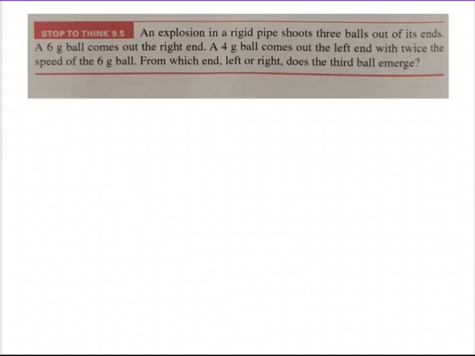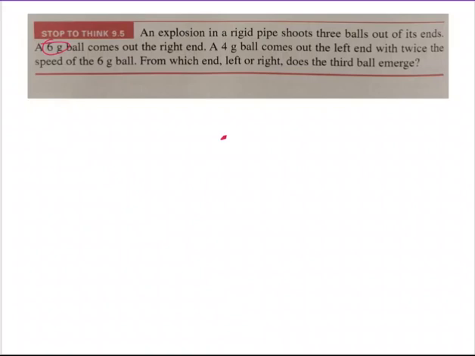All 3 balls are sitting here in the middle, and they all come out at the same time. They're not going to sit there and bounce off each other. The 6-gram ball comes out the right end.